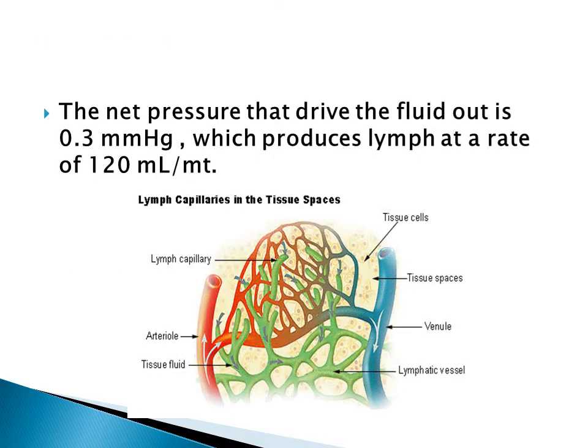You can see the arterioles, then you can see the capillaries and the venules. What you see in green are the lymphatic vessels. So the green arrow shows the lymph seeping out of the capillaries and entering into the lymphatic vessels. So that is how the lymph is formed.